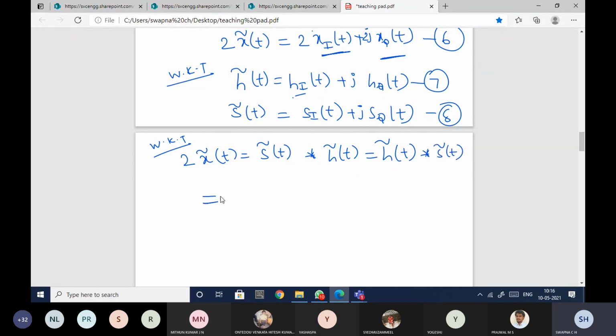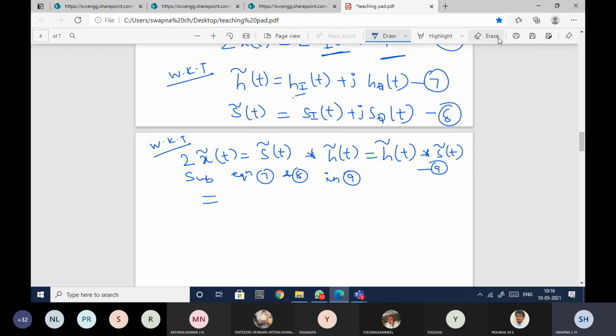Now I'll substitute equations 7 and 8 in 9.